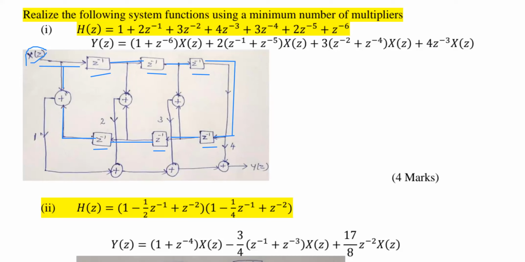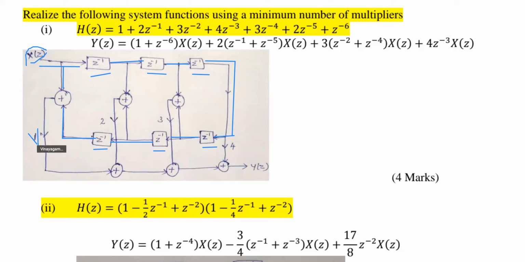So this z^-6 is given to this adder, and the 1 without a delay element is also given to this adder, and the added result is given to the coefficient 1.